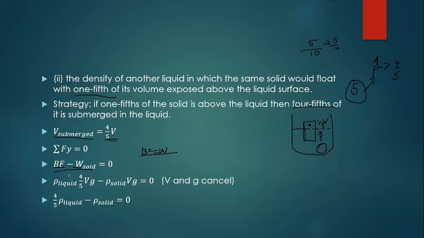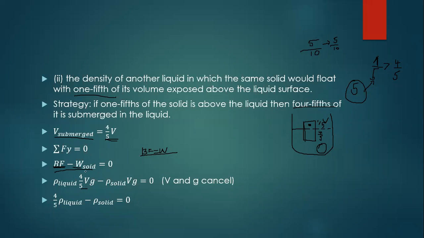All right. Remember, we said that the buoyancy force we can also express as the density of the liquid multiplied by the volume of the displaced liquid multiplied by 9.8.